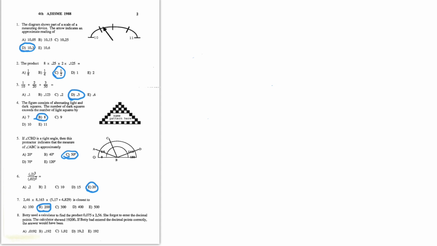So the original expression is 0.075 times 2.56. The calculator shows 19200, so where do I put the decimal point?